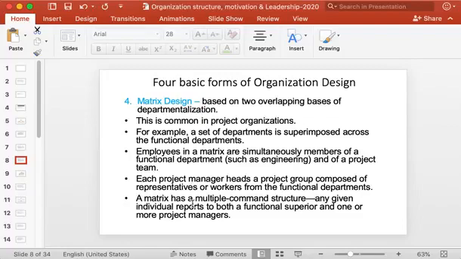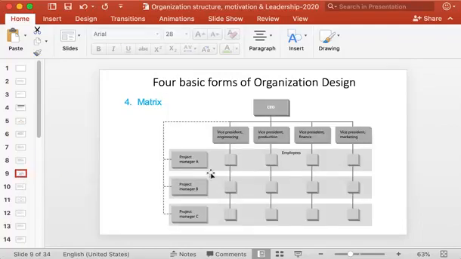Therefore, a matrix design has a multiple command structure. That means any given individual reports to both a functional superior and one or more project managers. So people working under this engineering department here will have to report to both the vice president of engineering department as well as to the project manager of project A.